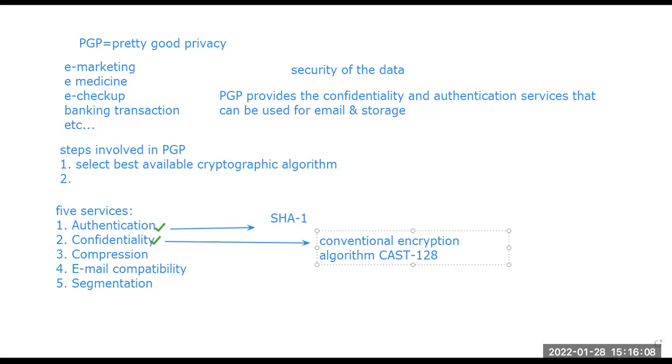This conventional encryption algorithm is used here, right? Then the 64-bit cipher feedback mode is used. So first, to create the confidentiality, we use the CAST128 encryption algorithm. Then the 64-bit cipher feedback mode is used here.